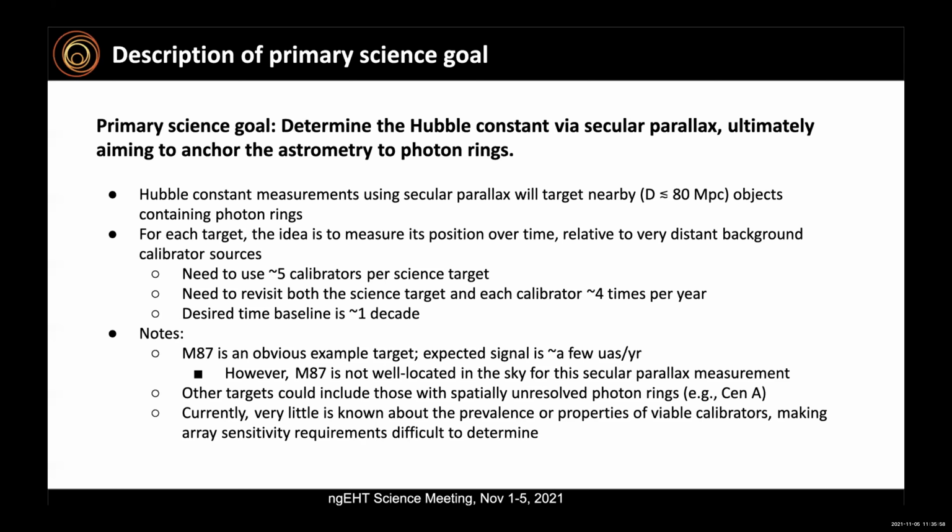But one of them that doesn't overlap a lot with what's going on in other groups is the idea of measuring velocity fields across the sky, and then perhaps teasing out via secular parallax something that would help us inform the nearby Hubble constant, say up to something on the tens of megaparsecs range.